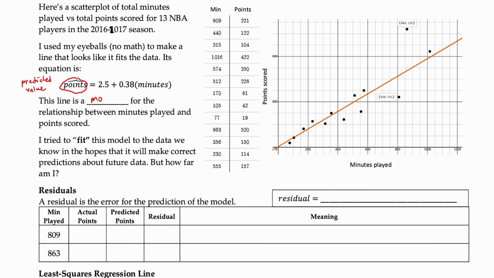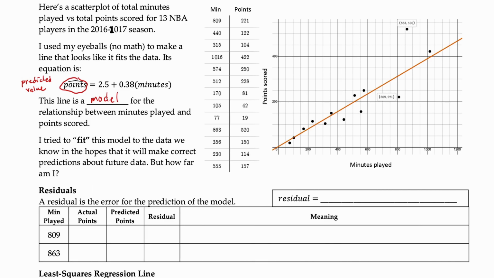So this line is a model for the relationship between minutes played and points scored. And as you can see, the model is not perfectly right. No model will ever be perfectly right. You just hope that it's as best as it can be. So when I tried to fit this, I was hoping it was as best as it can be, but I know I probably didn't do this correctly.